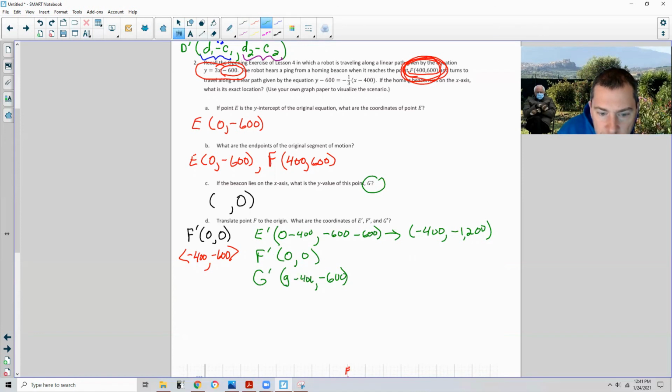So in terms of G, we're just going to say G prime is the point little g minus 400, whatever G was, minus 400, and then 0 minus 600. Okay? All righty, moving along.